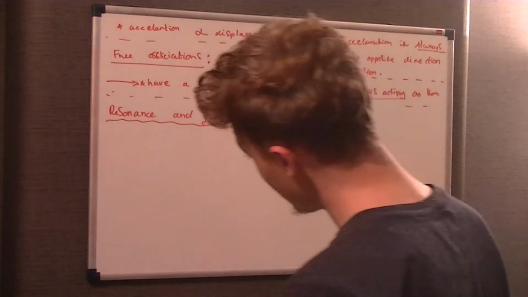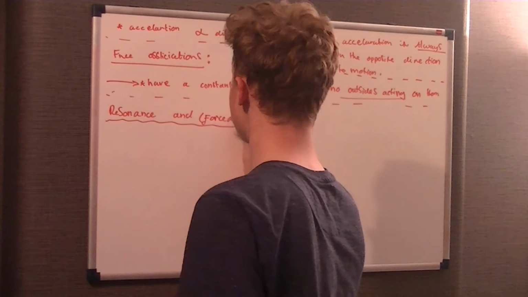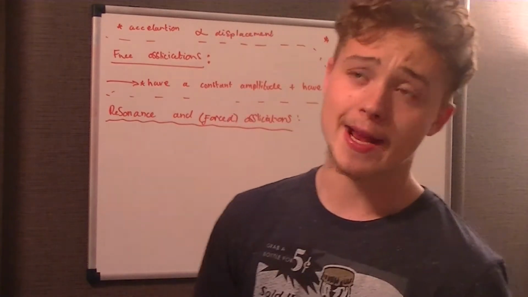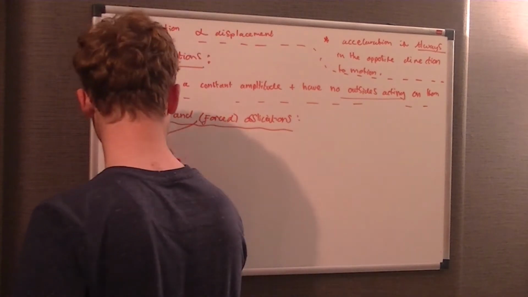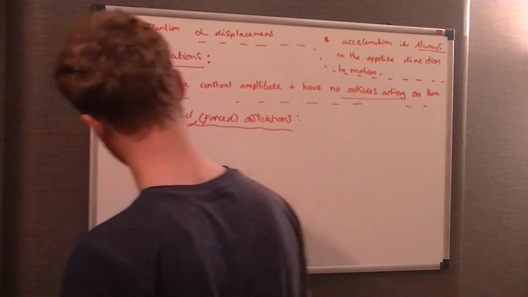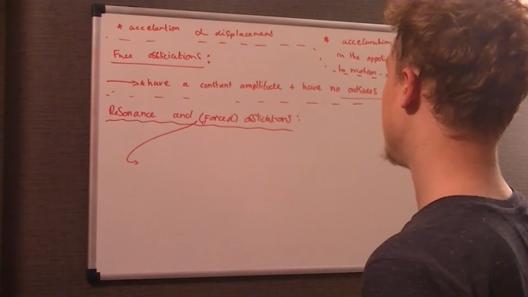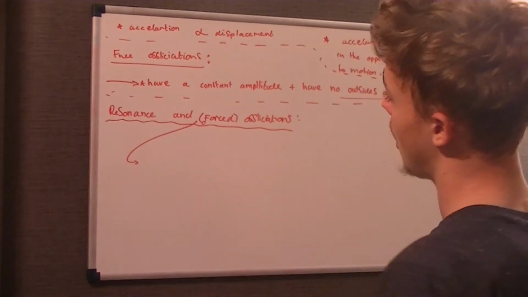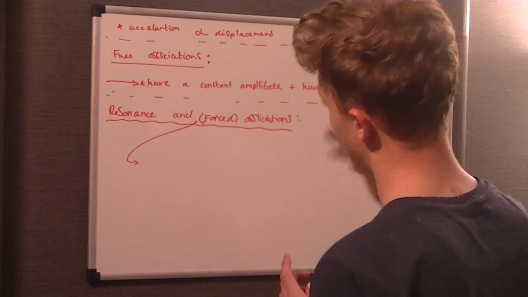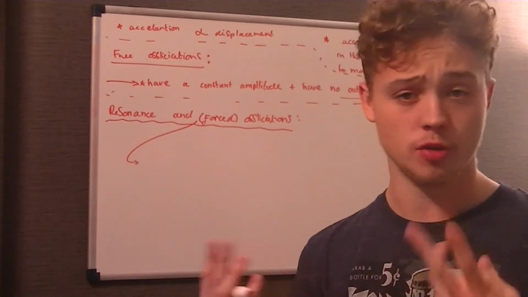Now you should already be starting to tell from the word forced oscillations, it's going to have some external input on it. So let's start with that, because I think that's the most relevant to what we've just been doing. Forced oscillations are actually the opposite of free oscillations, apart from the amplitude, I'm assuming, stays the same.